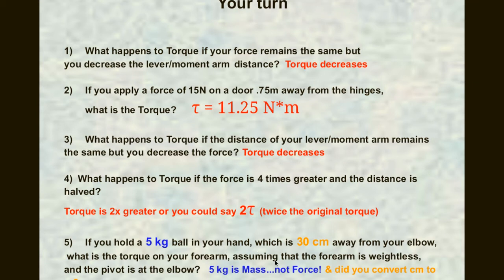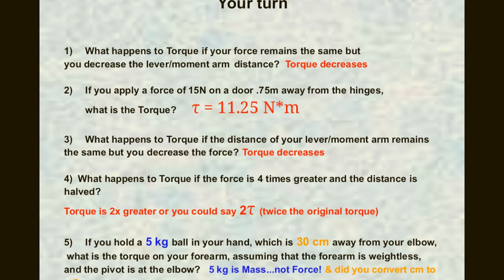All right, let's go ahead and look at number 5. If you got to this one, you may have just been in the habit of simply setting it up, and you may have missed something. The question says if you hold a 5 kg ball in your hand, which is 30 centimeters away from your elbow, what is the torque on your forearm, assuming that the forearm is weightless and the pivot is at the elbow?